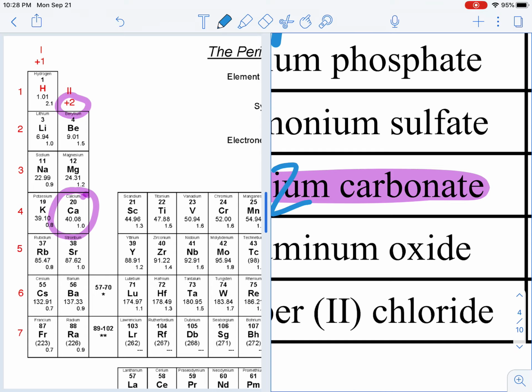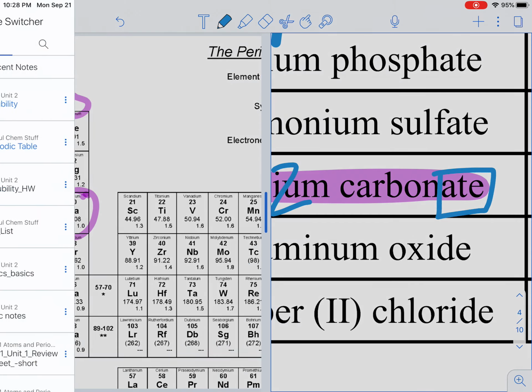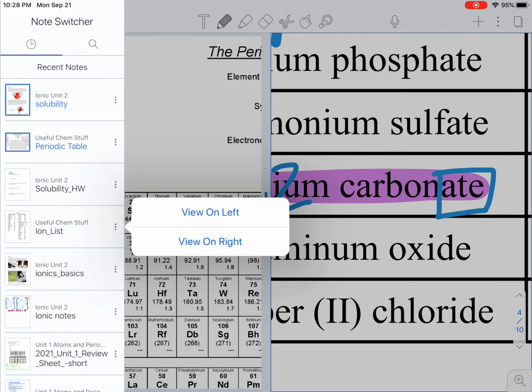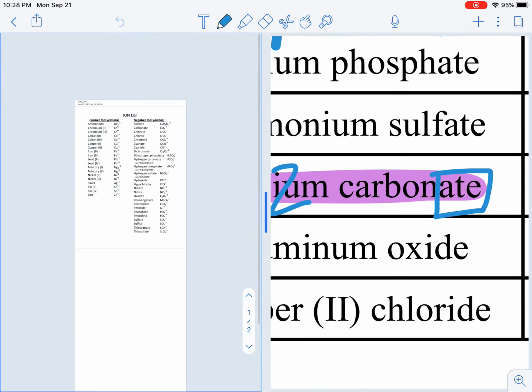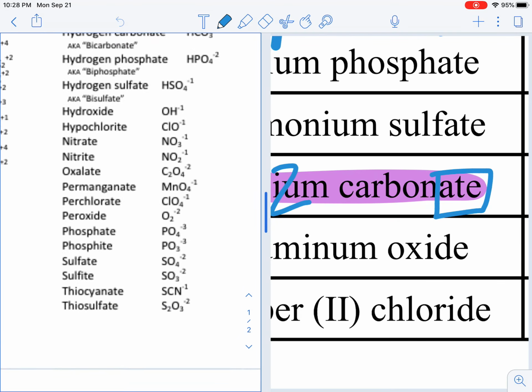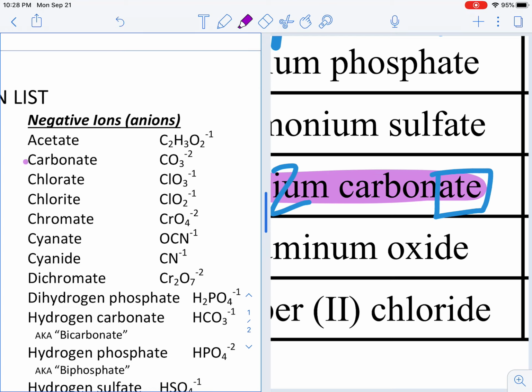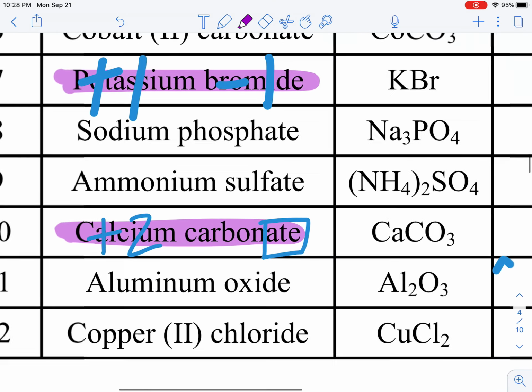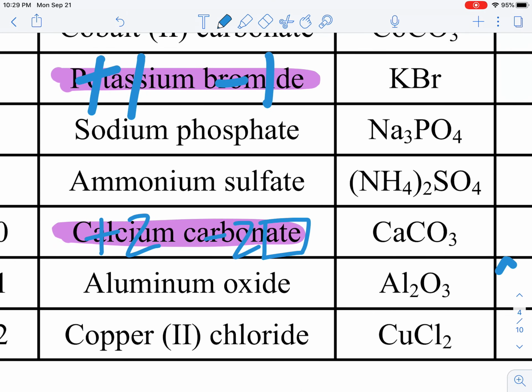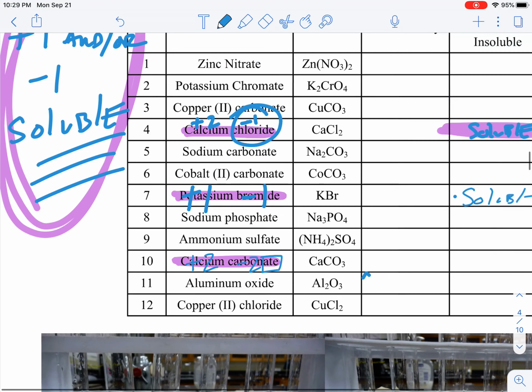Now, carbonate, ATE ending. Hopefully we remember that. That tells me that I'm going to be looking at my ion list, ATE and ITE endings. And I'm going to find carbonate all the way up here. In carbonate, I see that it has a -2 charge to it. So I have a +2 and a -2.